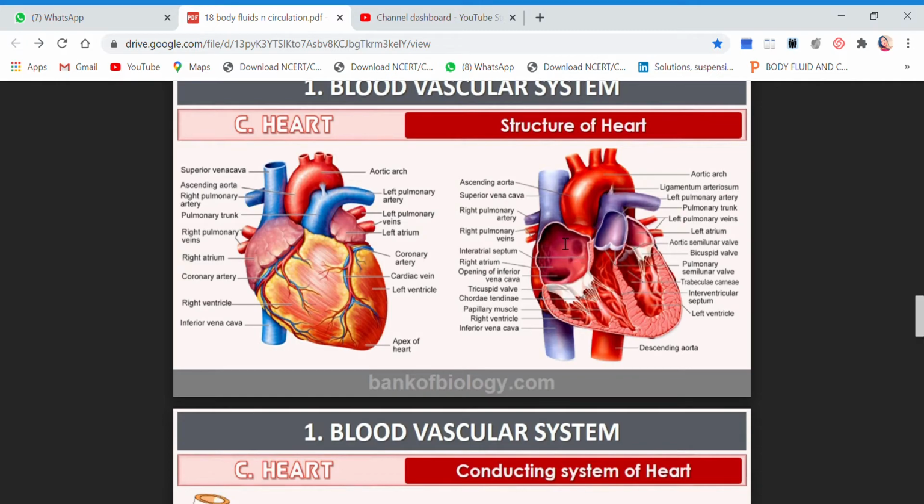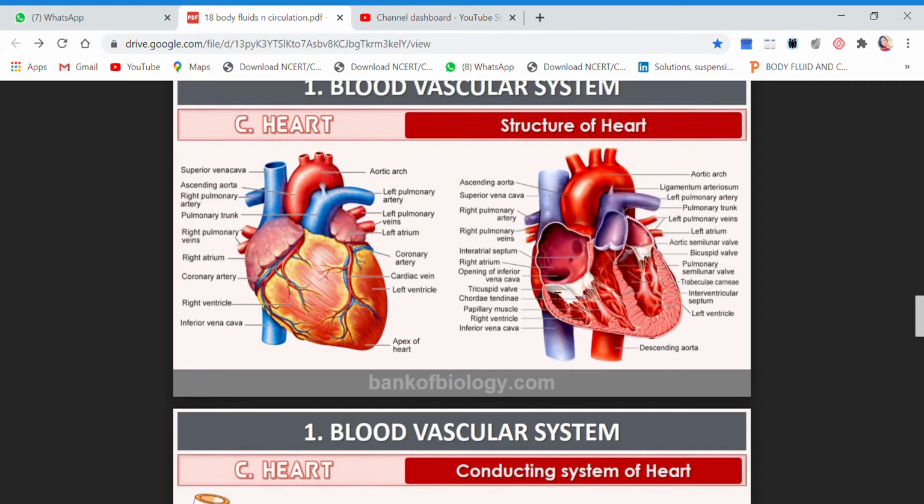Now children, both the auricles are filled up and they contract. As soon as they contract, the blood from the auricles moves on to the ventricles through their valves. On the right side, the blood moves from the auricle to the right ventricle through the tricuspid valve, and on the left, the blood moves from the left auricle to the left ventricle through the bicuspid valve.